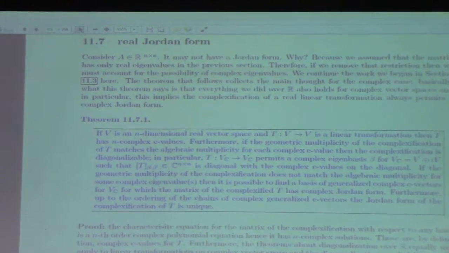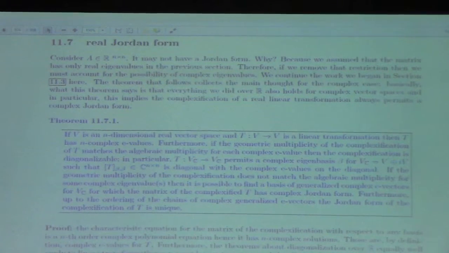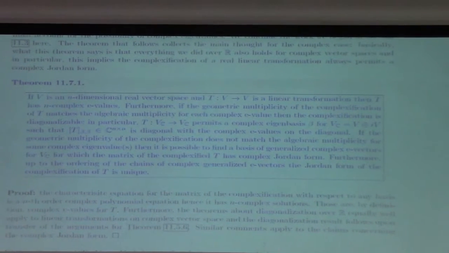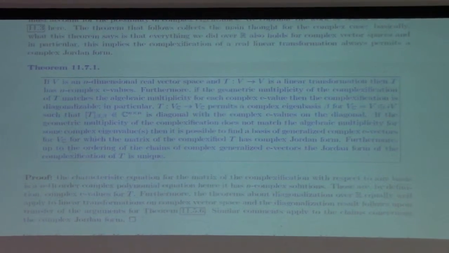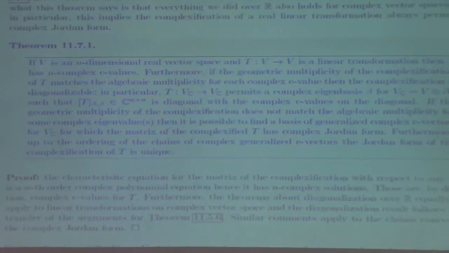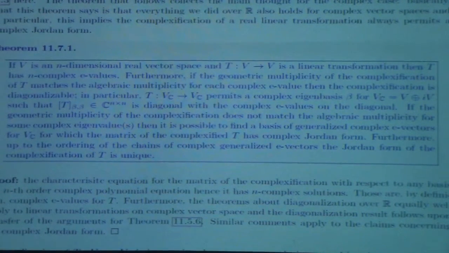So let me just explain to you what's going on here, and I will just talk through it with you. It's a lot to try to write down, but I think you can understand if you read it together with me. Having gone through what we just went through somewhat slowly should make this make sense, I'm hopeful. So this is basically the big theorem, which is that if you have a linear transformation of a real vector space, you can look at its complexification, right?